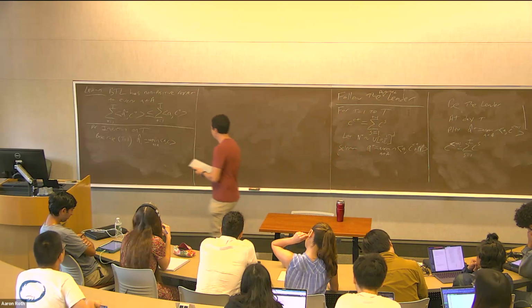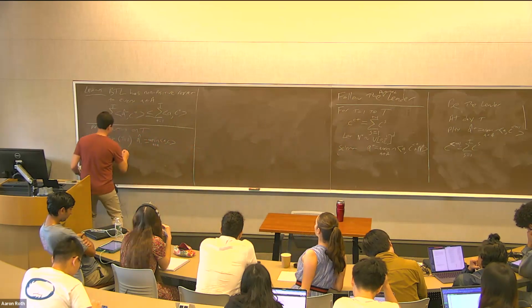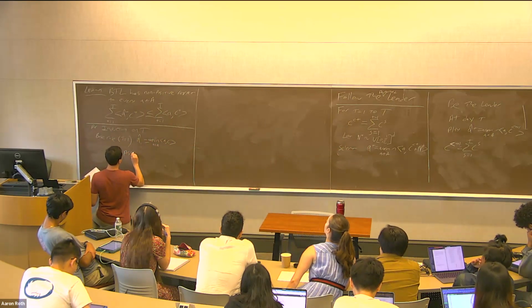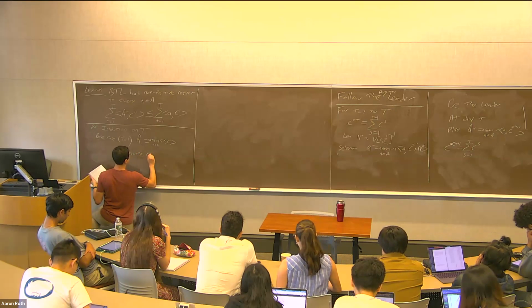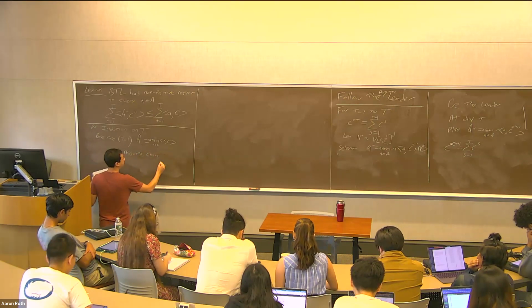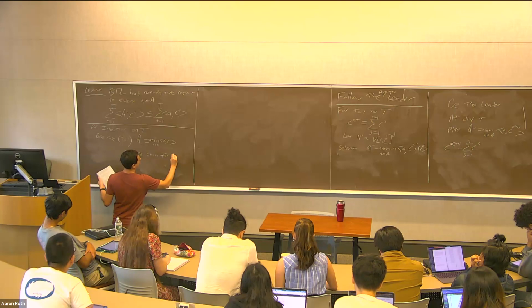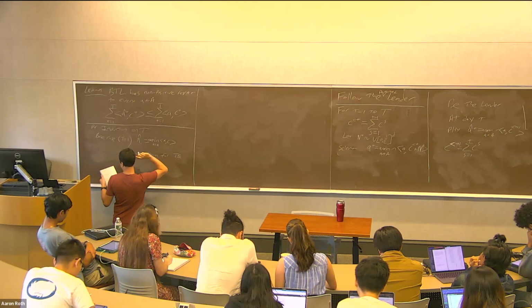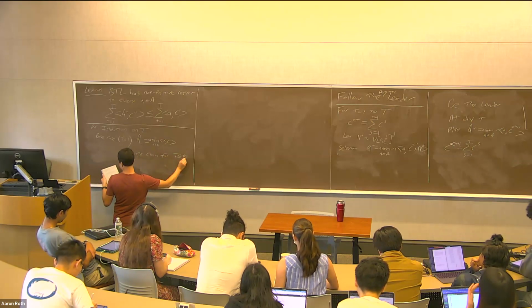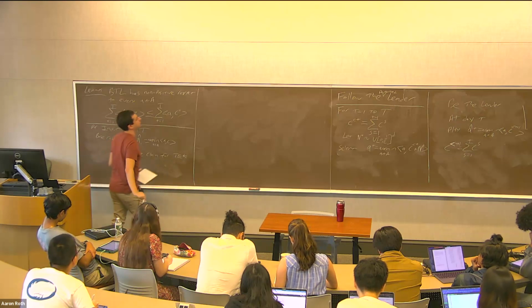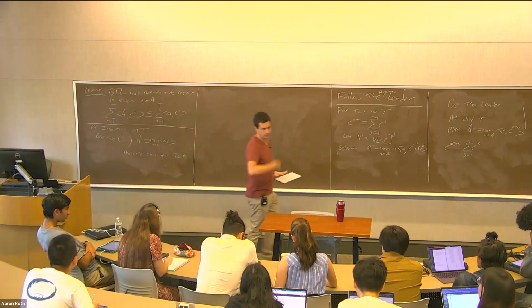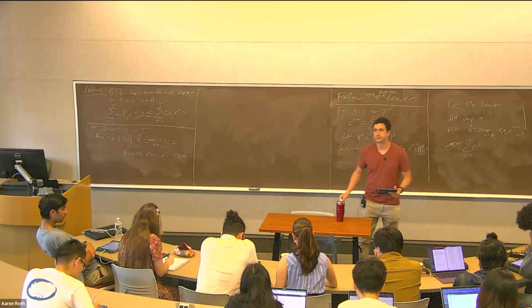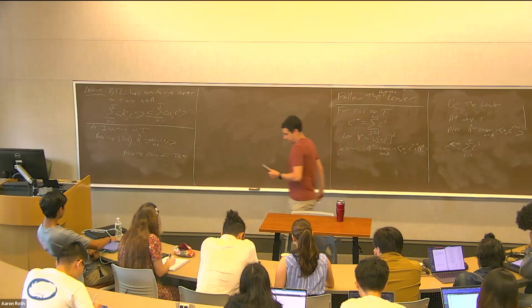Okay, so now inductively, we're going to assume the claim is true for t less than or equal to k. And now we need to prove that the claim holds true for day k plus 1.